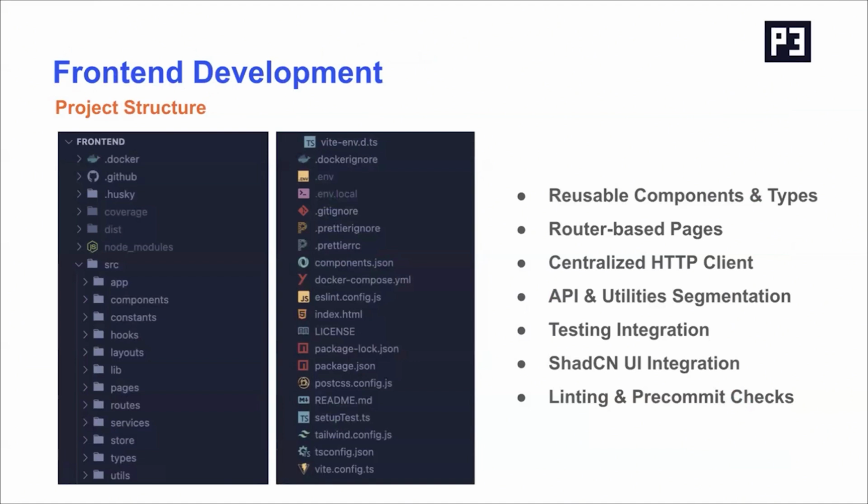Okay, this is the project structure for front-end development. We've organized the reusable components and type definitions to maintain code consistency and reduce duplication. The project uses a router-based architecture, making navigation and page management efficient.